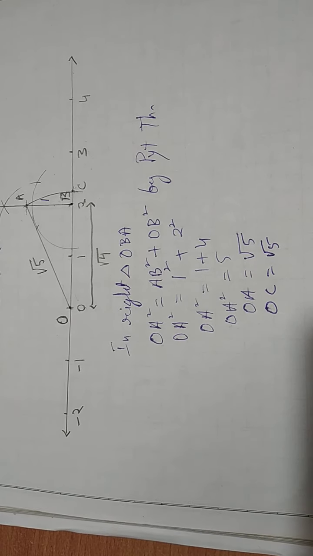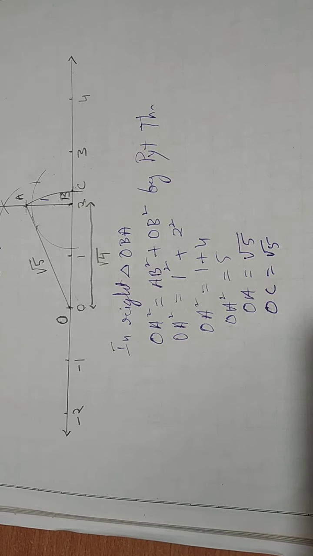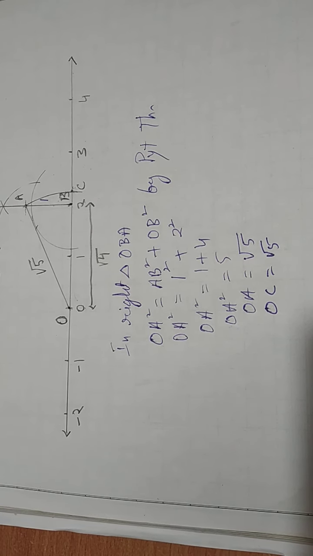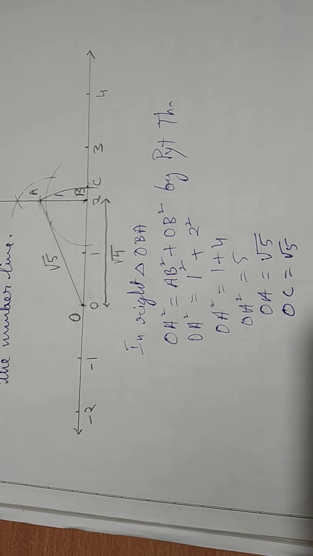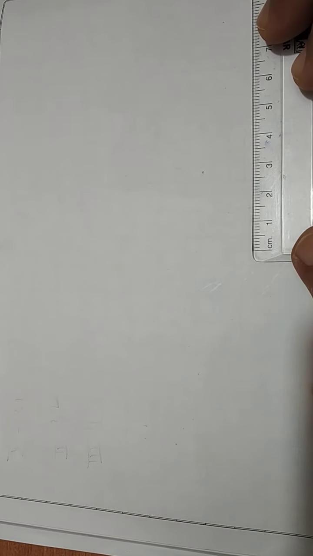So this is the solution of question 3 of exercise 1.2. Now the last question. This is an activity, I am reading it, classroom activity, constructing the square root spiral. So I am telling you, or I am drawing here the square root spiral.